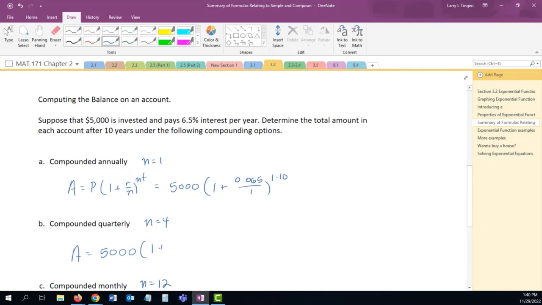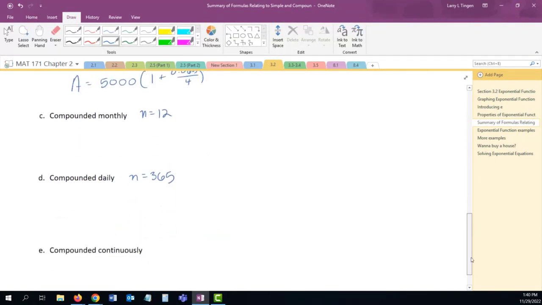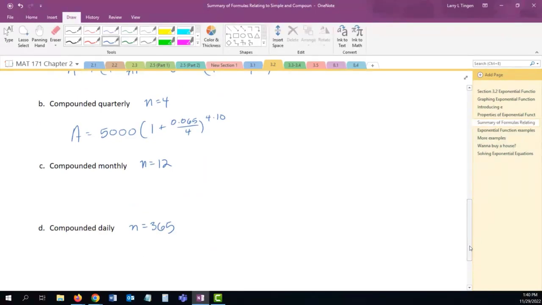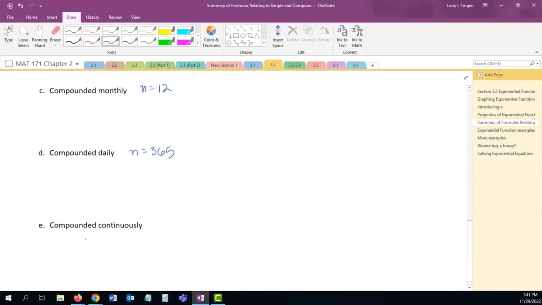Every other number stays exactly the same. 1 plus 0.065 divided by, if I'm compounding quarterly, n is 4, t is 10. Those stay the same for compounded monthly and compounded daily. Compounded continuously is where we use the continuous compounding formula.